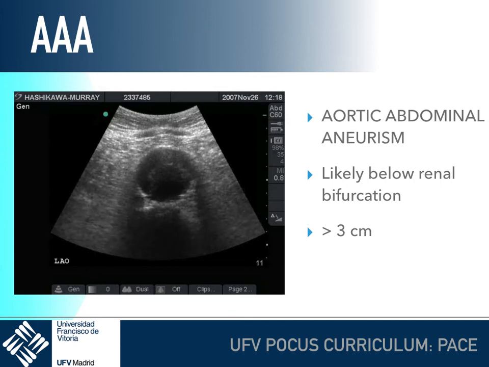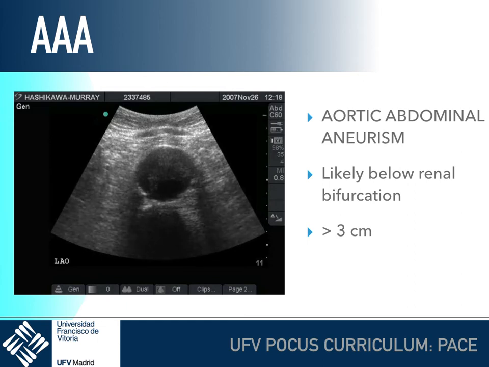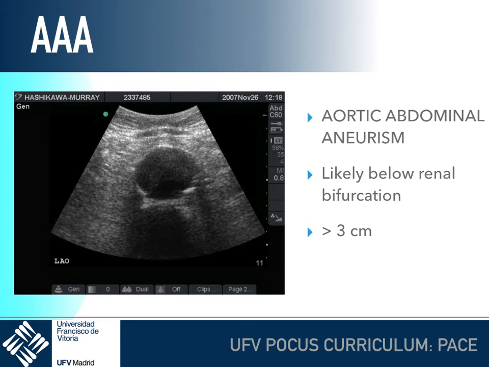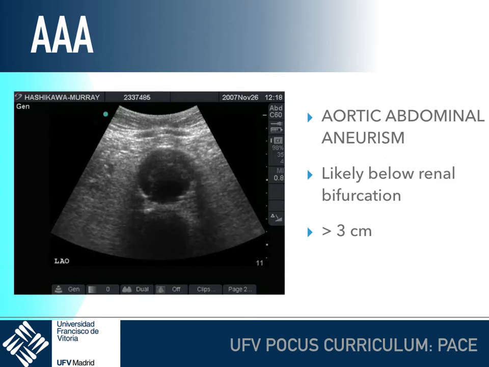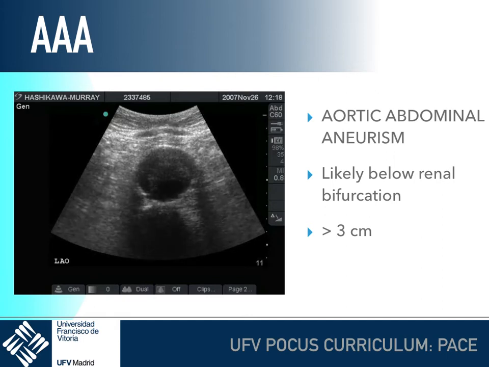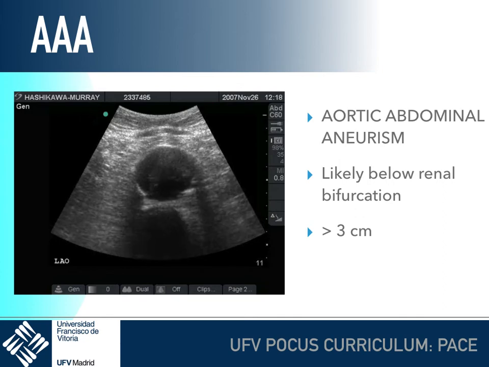What is an AAA? AAA stands for abdominal aortic aneurysm, and they are likely located below the renal bifurcation, so in terms of proximal, medium, or distal, from medium to distal. The definition of an AAA is an aorta with more than 3 centimeters of diameter.